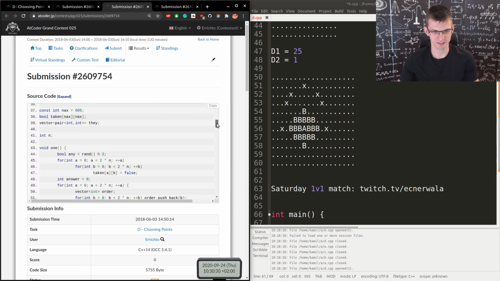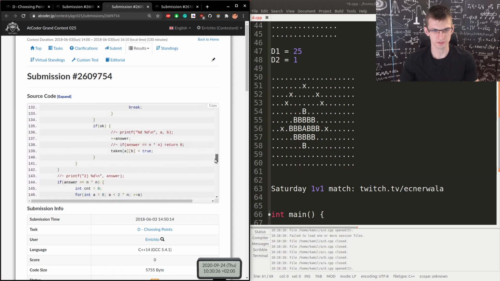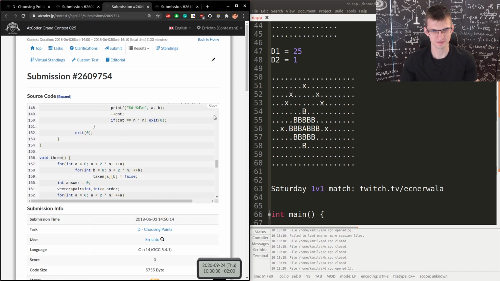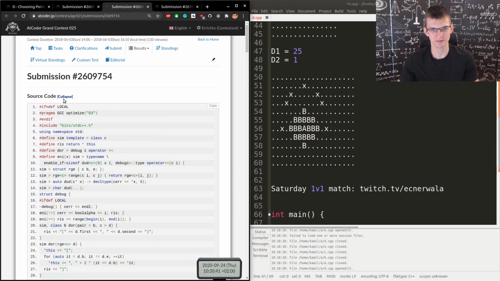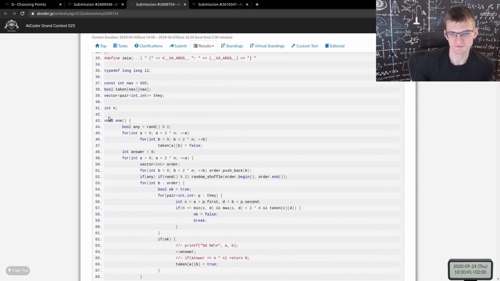I tried to hack this problem, and I was quite close, apparently. Are those 3 different algorithms? There is some random shuffle.